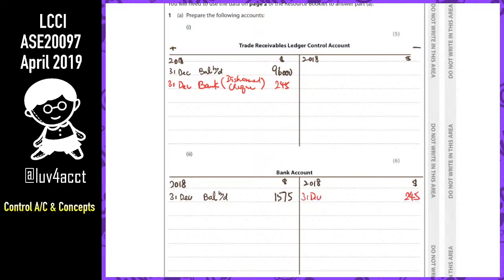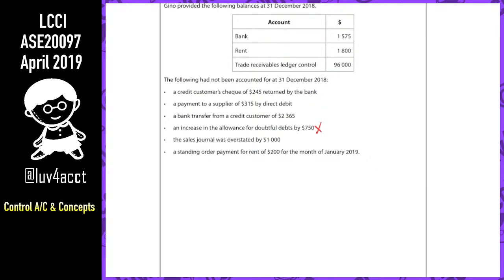31st December, trade receivables ledger control. So next one, payment to a supplier 315.